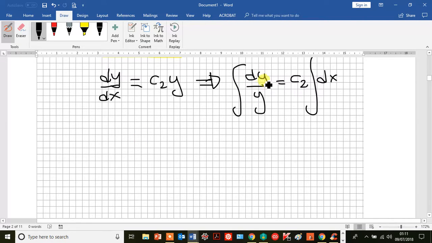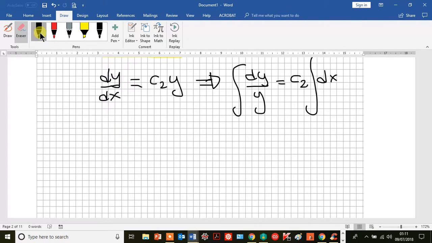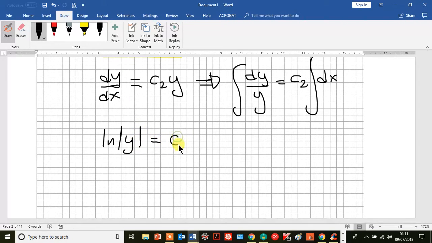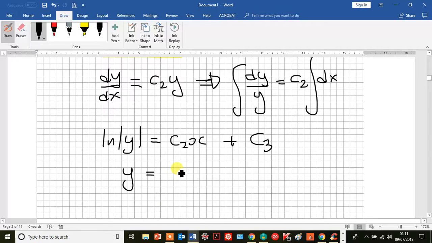So what is the integral of dy divided by y? Well, that is just the log of y equal to c2x plus c3, okay? This can be rewritten by taking the exponentials of both sides.